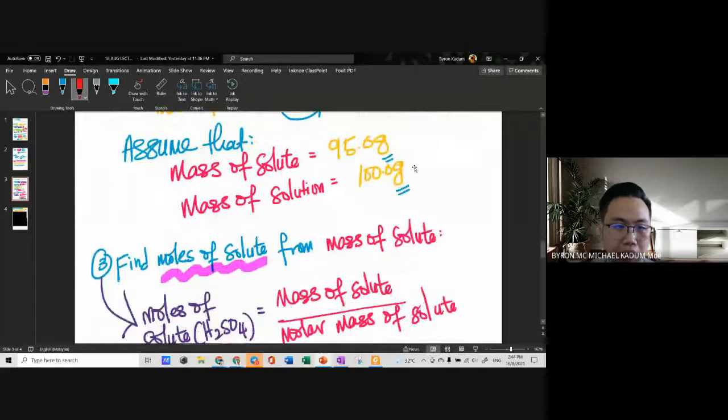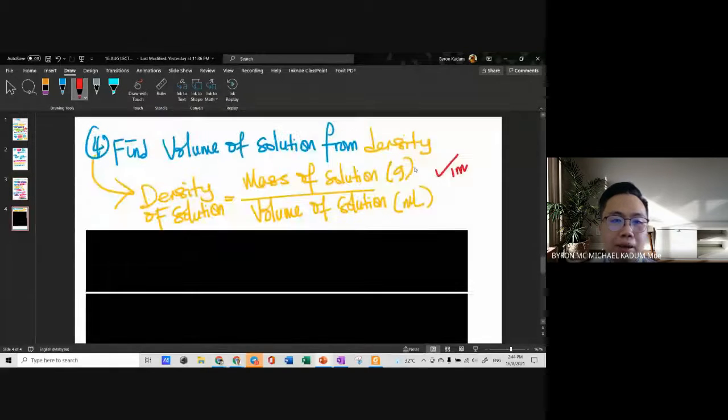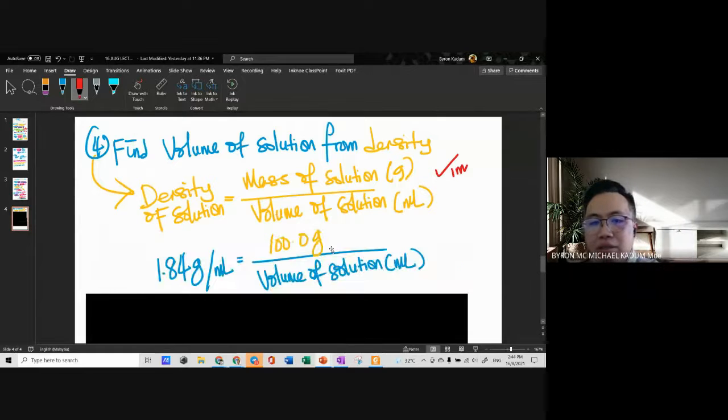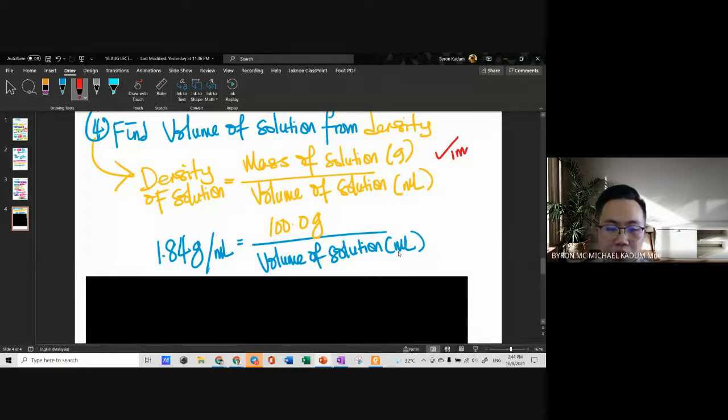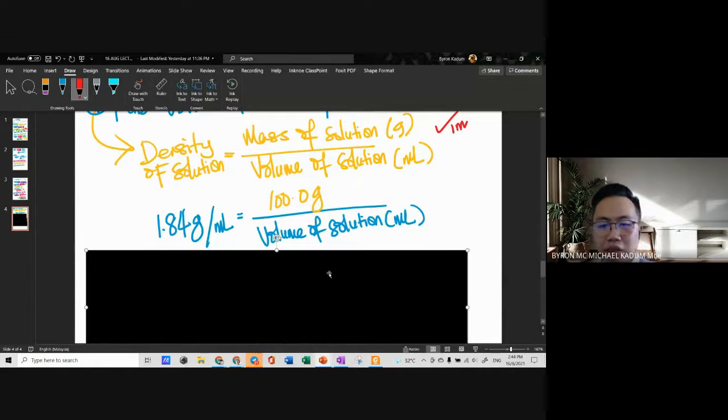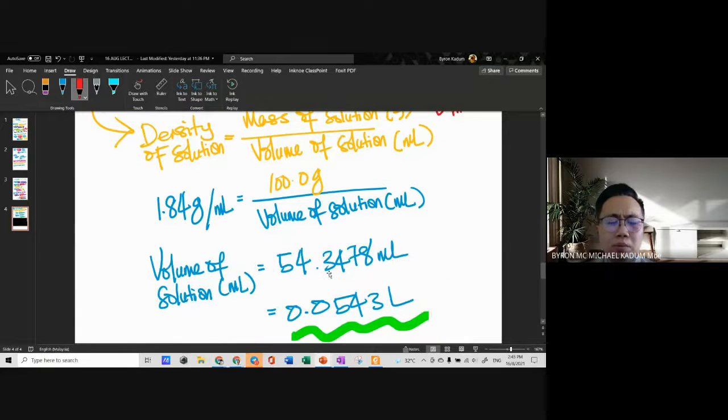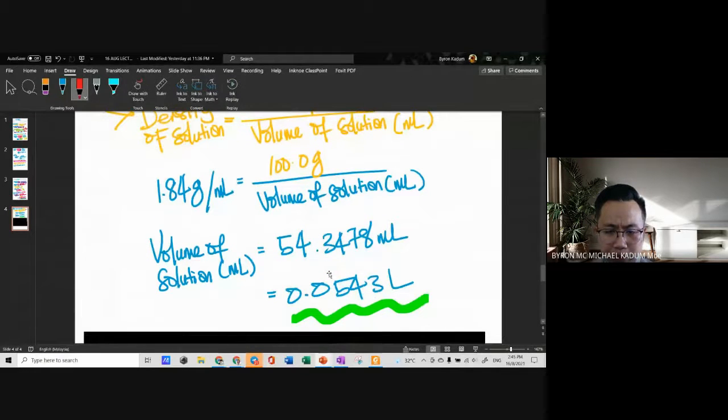Enough information. So by plugging in all the information, you will be able to get the volume of solution. So I just put in the values that the question has given, and the assumptions we made. Then you will have the volume of solution, which is 54.3478 mil. Why do I change to liter?